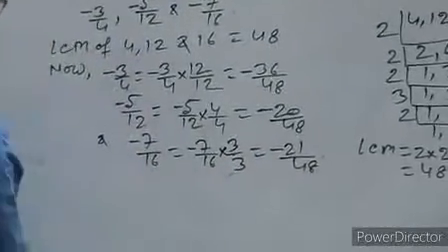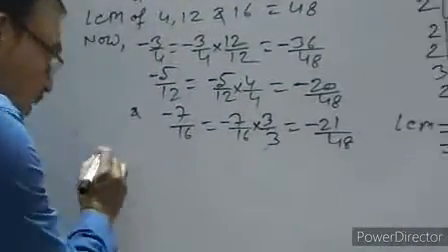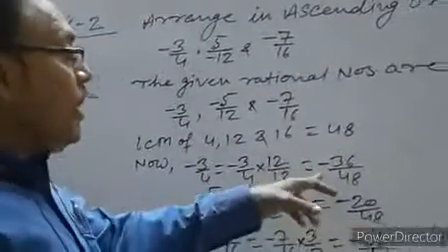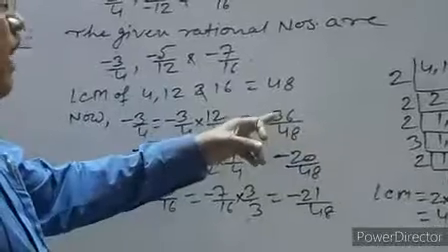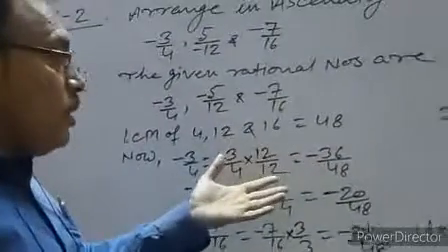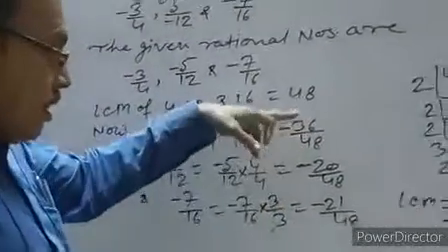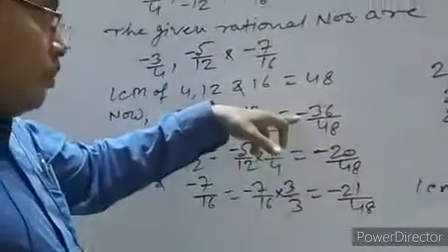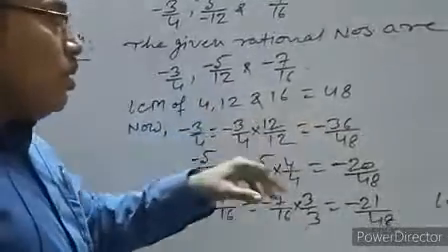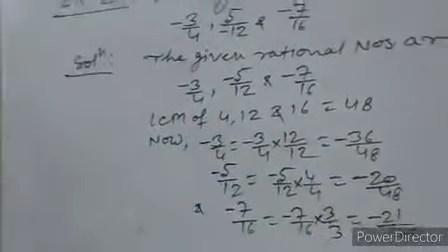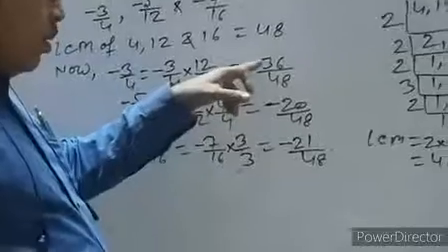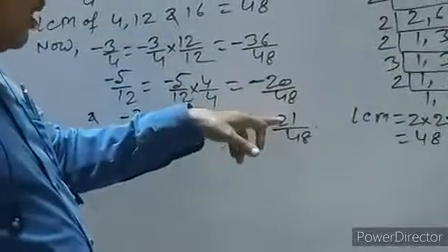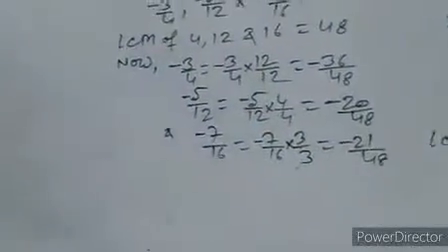Now we know that for negative numbers, the greater the value, the lesser its actual value. Suppose 36 is the larger number, but since a minus sign is attached, it has lesser value. So minus 36 is the least, minus 21 is the middle, and minus 20 is the greater.